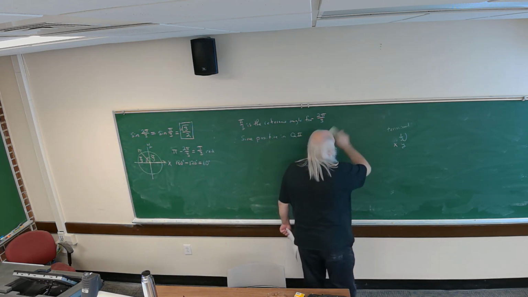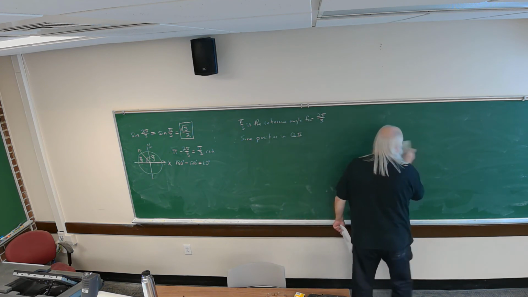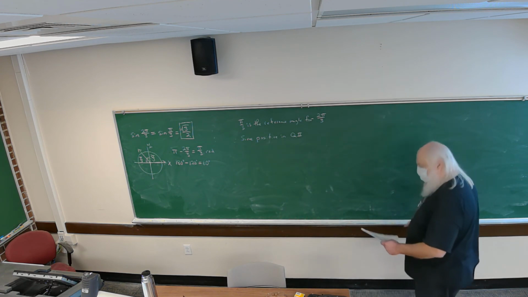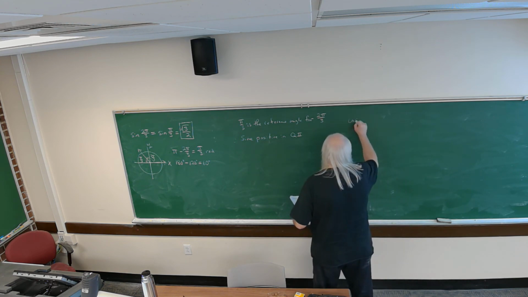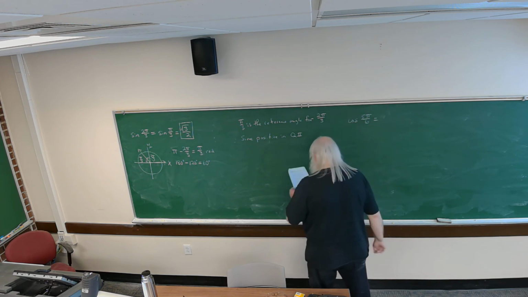And that's why I said you need to know that table on the previous page. In the next example, we've got to find the cosine of 5 pi over 6.